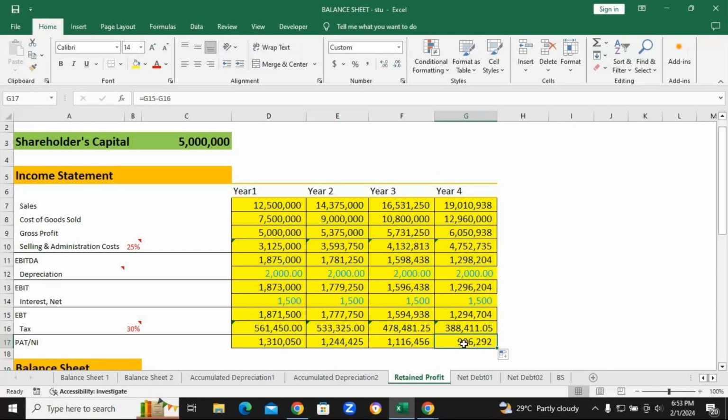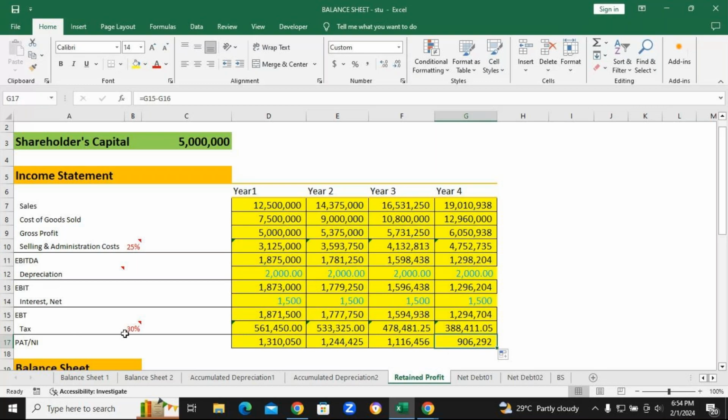If anybody is having any doubts related to the calculations, you can ask. Excuse me, ma'am. Yes. Ma'am, what is the formula for tax? Tax calculation is on earning before tax.